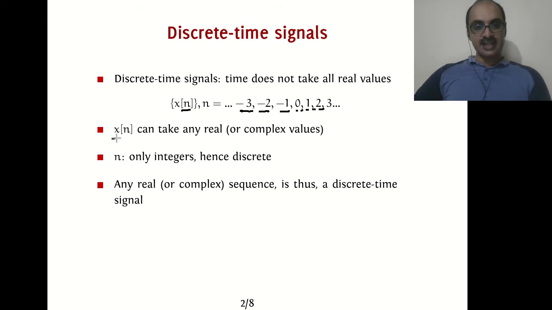The x[n] itself can take any real or complex values. For example, it can be 1.3, it can be pi, it can be 4/7, any of those. Since the n, that is the time index, is restricted to be only integer values, we call it a discrete time signal. So any real or complex sequence can thus be called a discrete time signal.